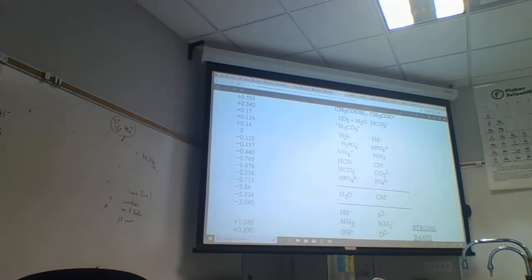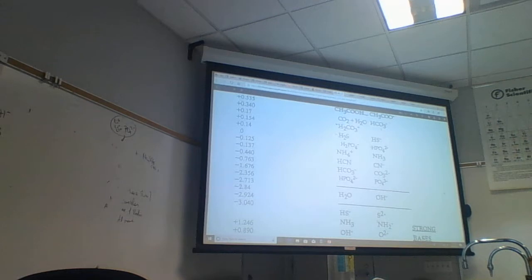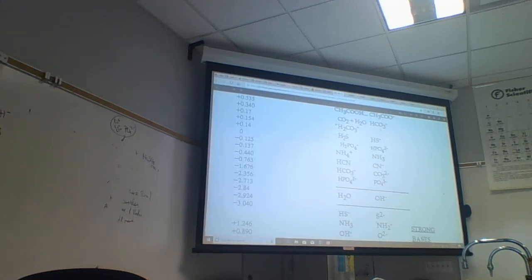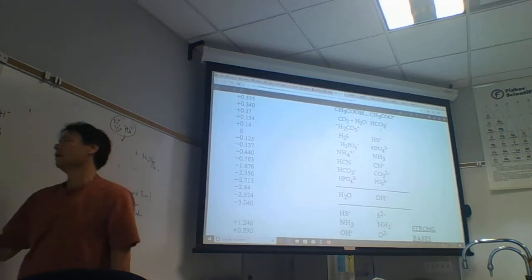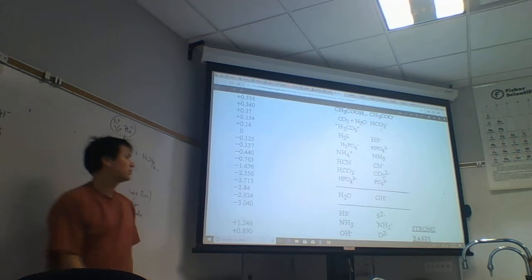So which way is the downhill direction? To the left. Does everybody see that? That means that the bases have to follow. If the acids follow this, the bases must follow this. So that means hydroxide must be stronger than phosphate.